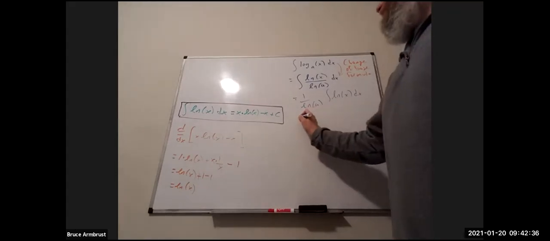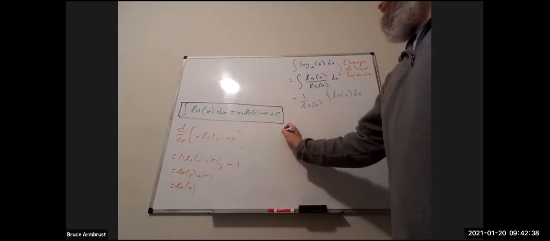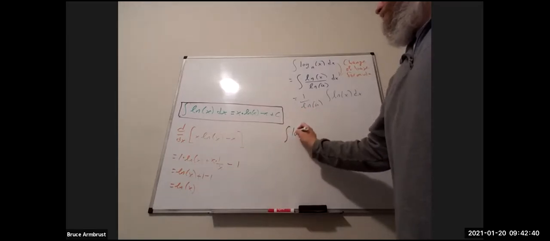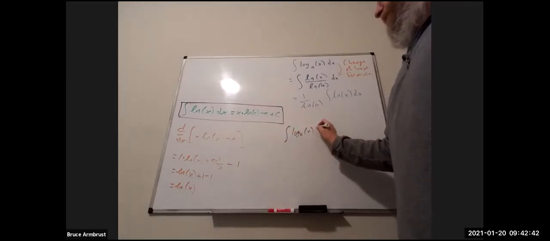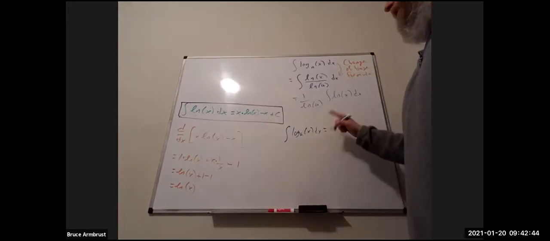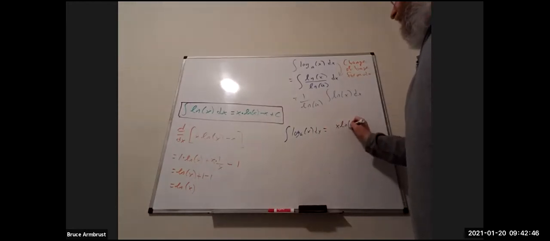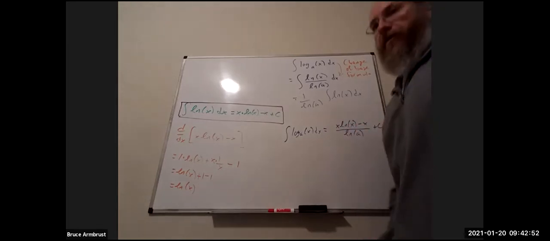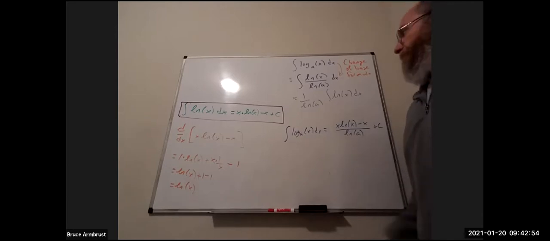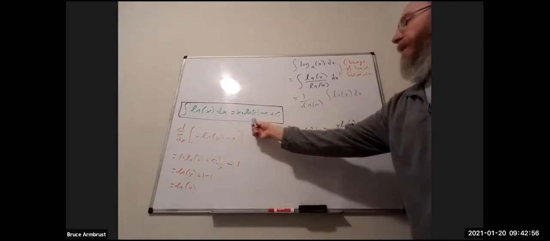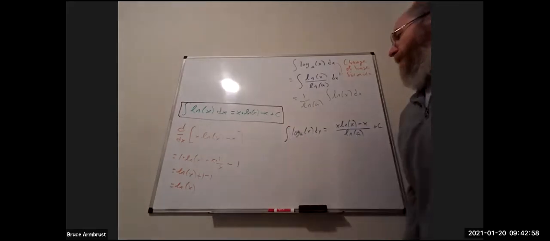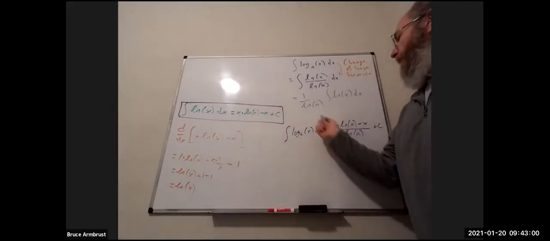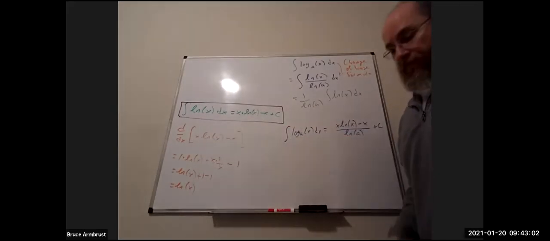So the integral of log base a of x equals x log x minus x, but divided by natural log of a. We're just taking that same antiderivative for natural log, and dividing it by natural log of a.